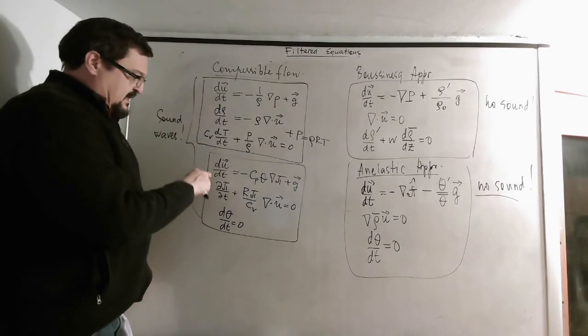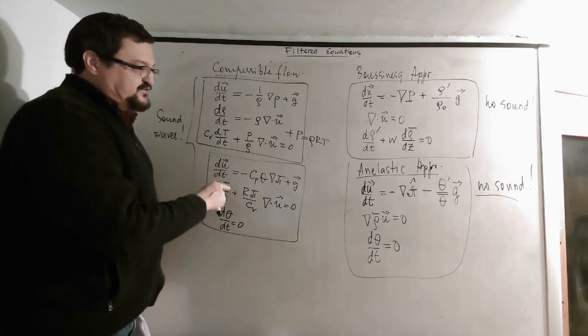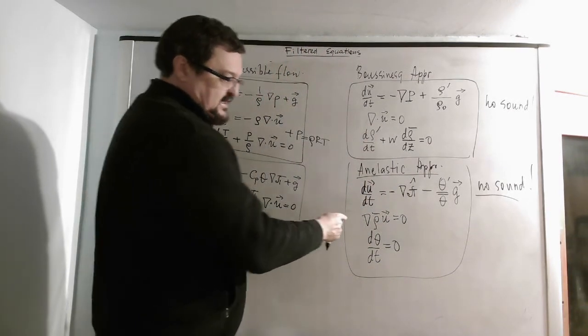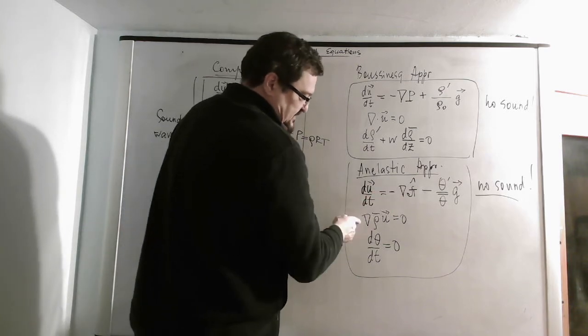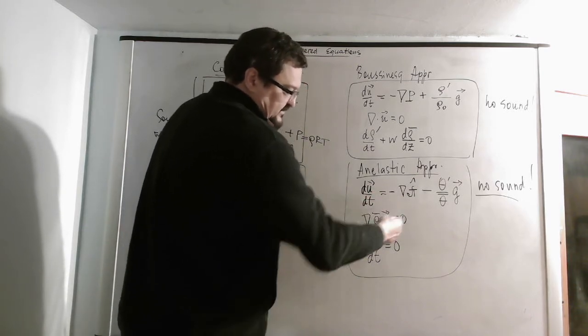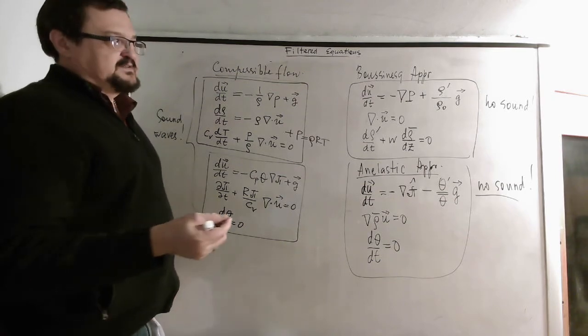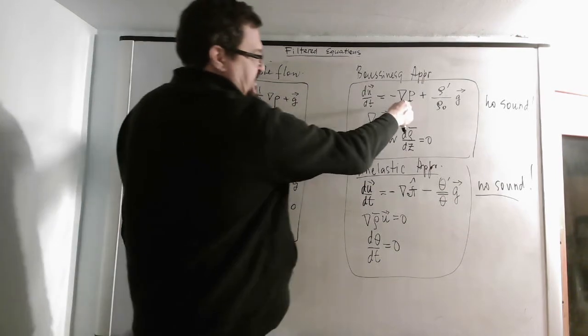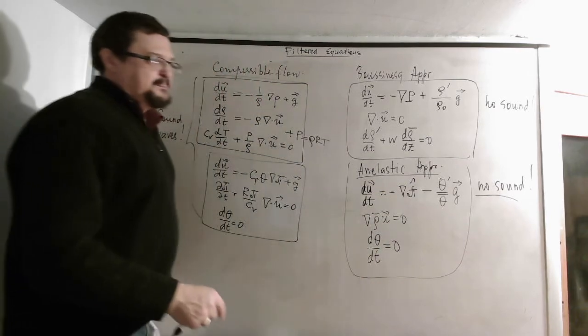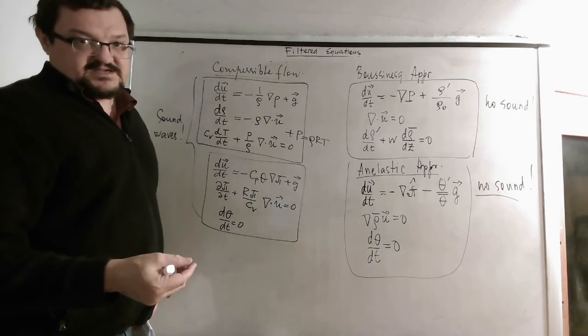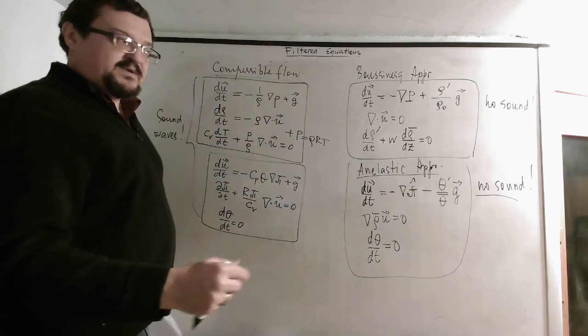Why? Because you don't have a prognostic equation for pressure anymore. You have only this diagnostic equation for divergence. You need to solve an elliptic equation for pressure, for this pressure or for this pressure, which can be very expensive and very difficult, especially if you have a very large domain.